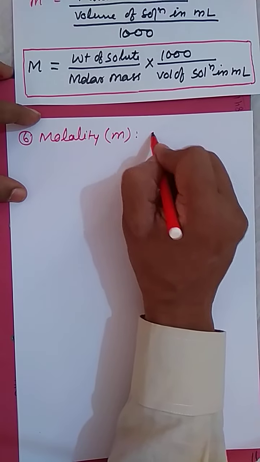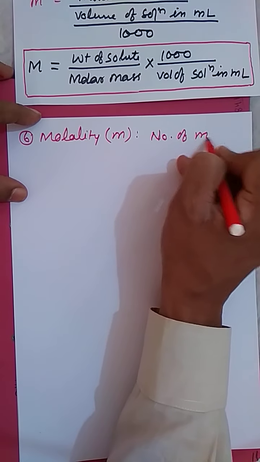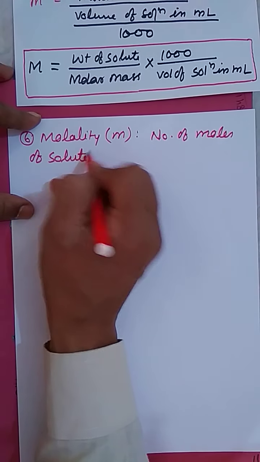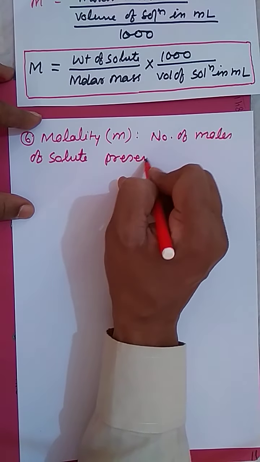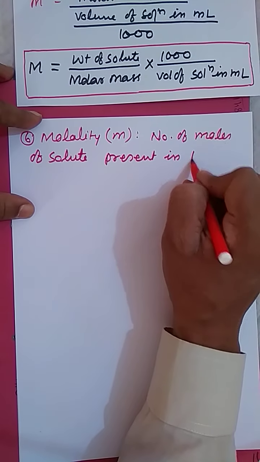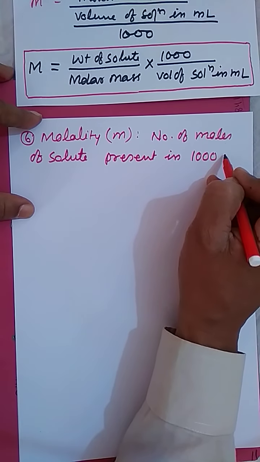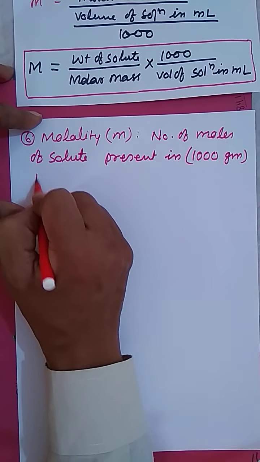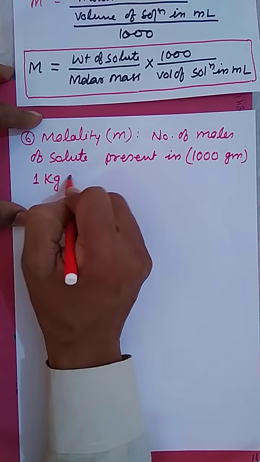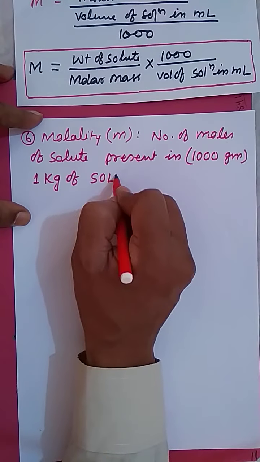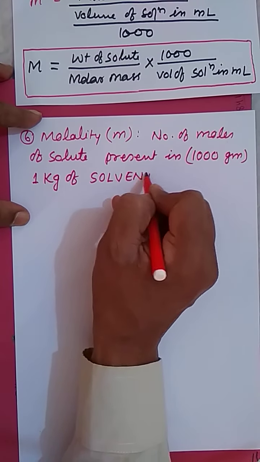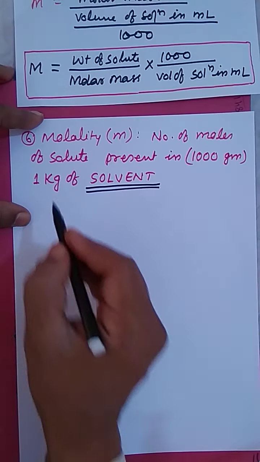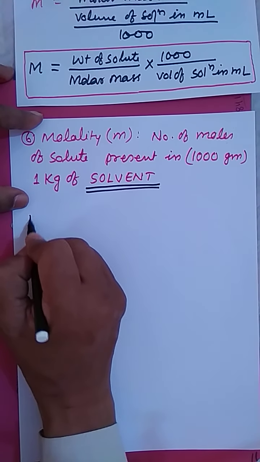And it's a number of moles of solute present in 1000 gram, or you can say 1 kg of solvent. You remember this one, solvent. Okay, so we write the formula.